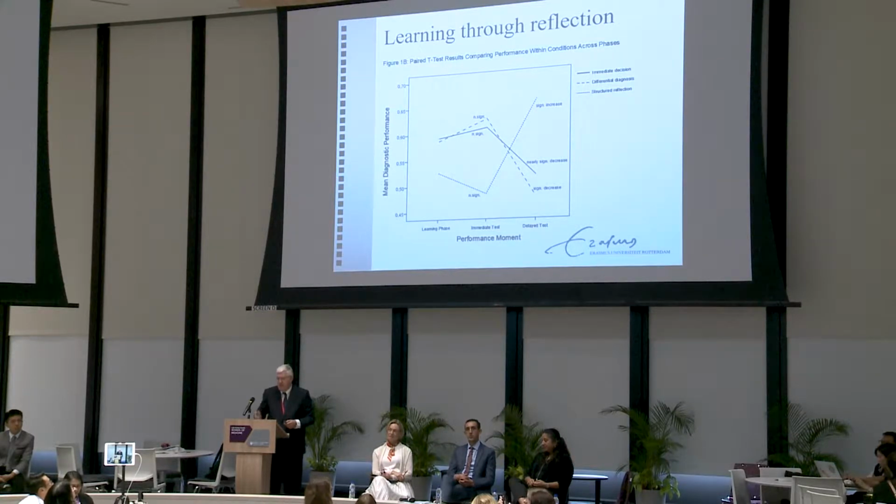Then the deliberate reflection group is doing much better, significantly better than the other 2 groups. So it seems that wrestling with different diagnoses, with support for these different diagnoses, initially leads to some sort of confusion, and then, you know, when the dust in the brain goes down, then suddenly there's the light of the right diagnosis.